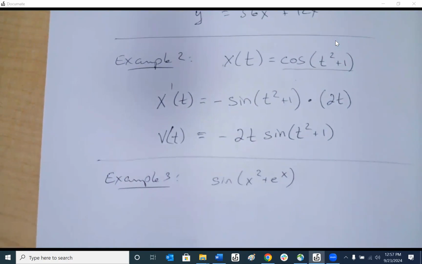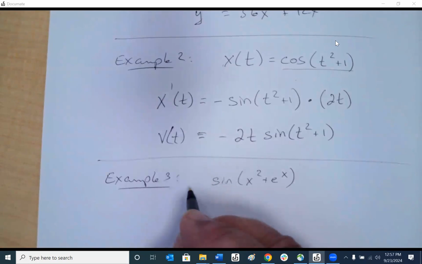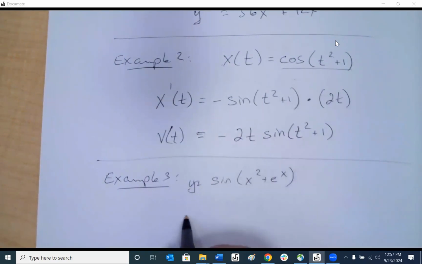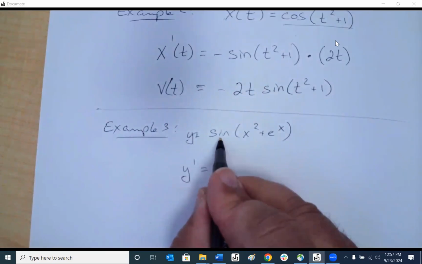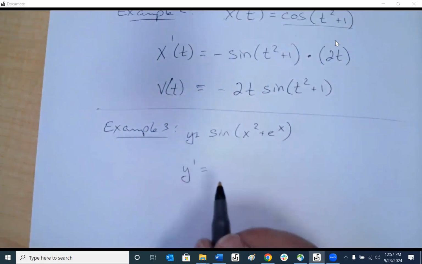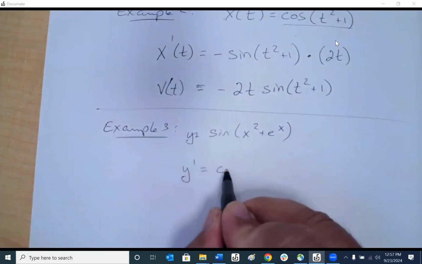The instructions for this one say, differentiate with respect to x. What does that mean? Find the first derivative. So this is y equals sine of x squared plus e to the x. So the derivative of sine is cosine, not negative.